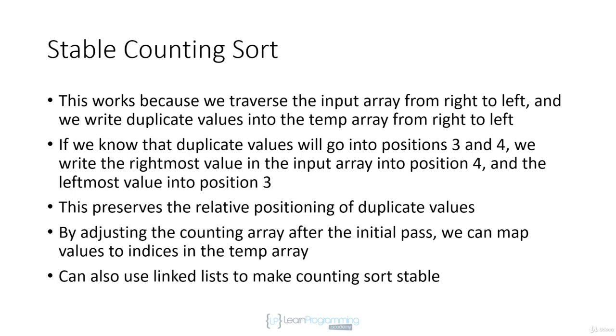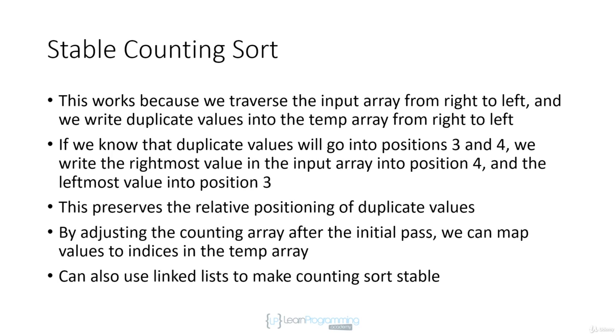It works because we traverse the input array from right to left, and we write duplicate values into the temp array from right to left. So if we know that duplicate values will go into, let's say, positions 3 and 4, we write the rightmost value in the input array into position 4 and the leftmost value into position 3. And this preserves the relative positioning of duplicate values.